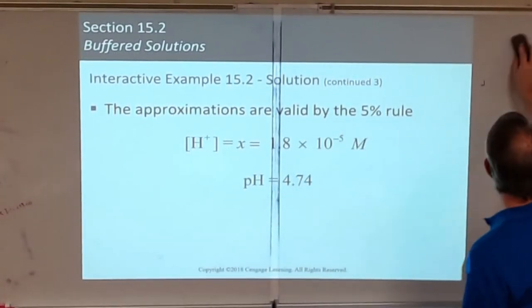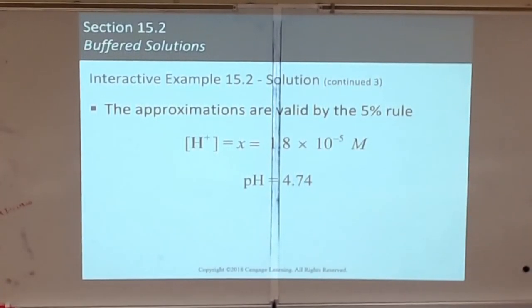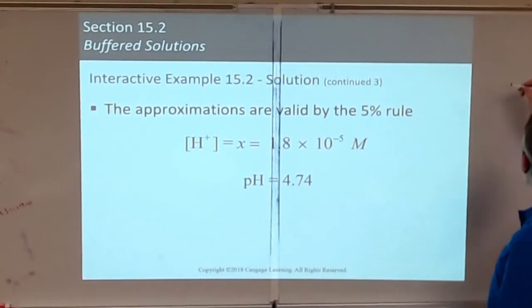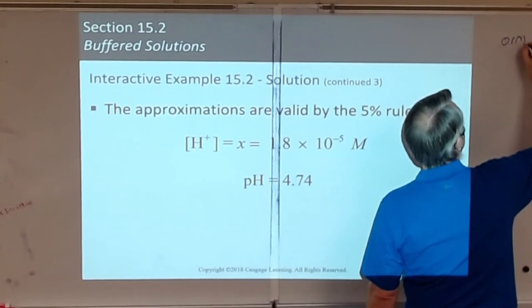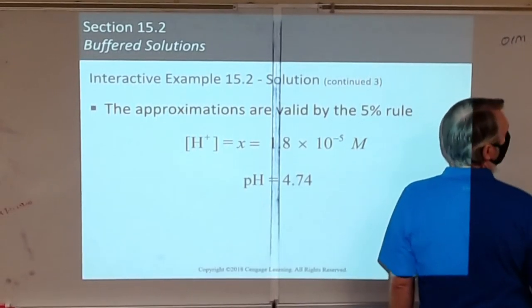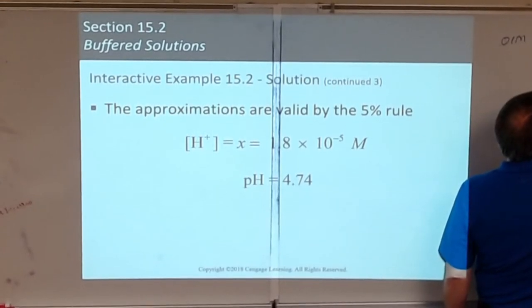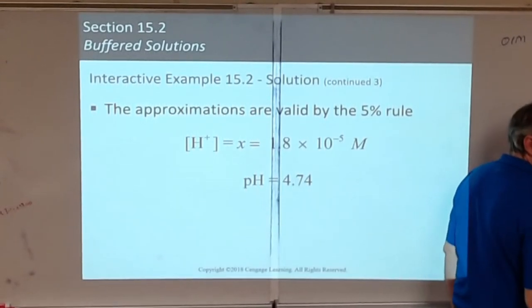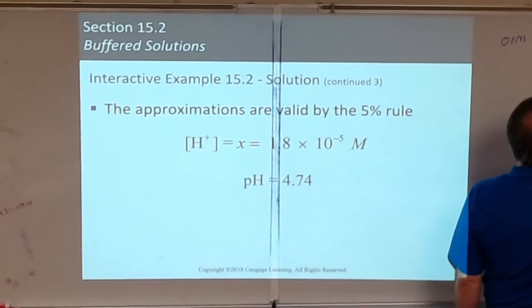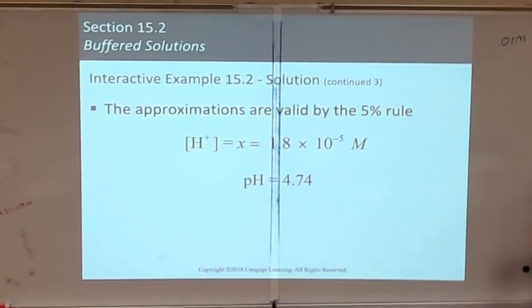The buffering absorbs the acid that I just added. Now imagine if I'd added 0.01 moles of HCl to water. Water would move from a pH of 7 down to a pH of what? 2.